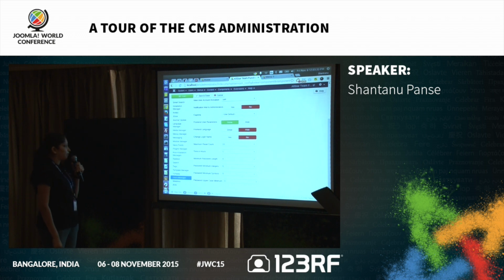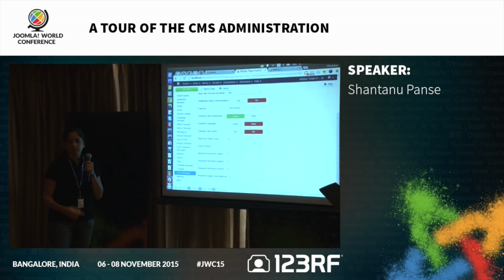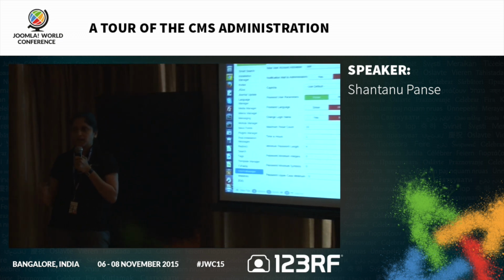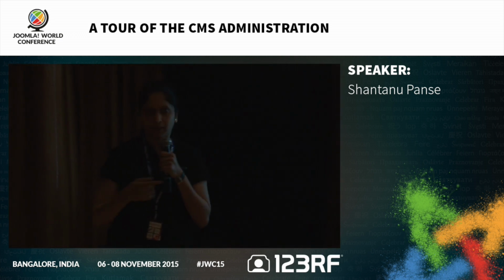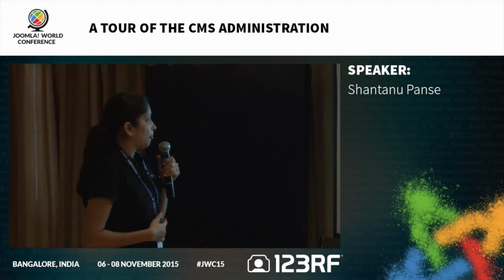Then front-end language is for whether the user can change the language of the site as he wants, so this can be set to show and hide. And change login name, that is whether the user is allowed to change his login name or not. So maximum reset count is the maximum number of times that a user can reset the password. It is by default 10.